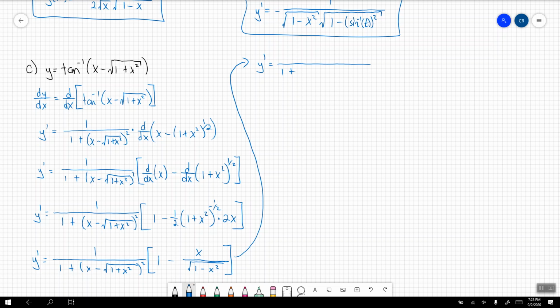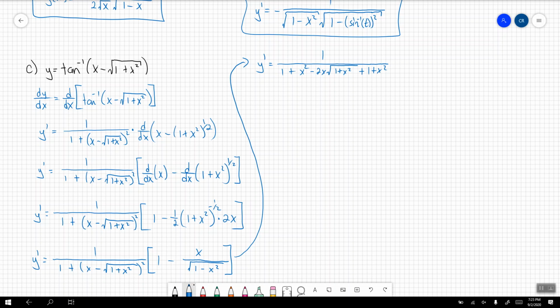So expanding that binomial is going to leave me with x squared minus 2x multiplied by the square root of 1 plus x squared. And then we're still going to have plus the last binomial squared. So that's just 1 plus x squared. There we are. So that's the first factor here.